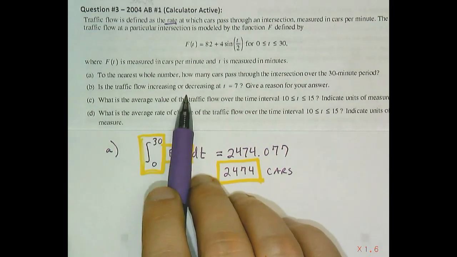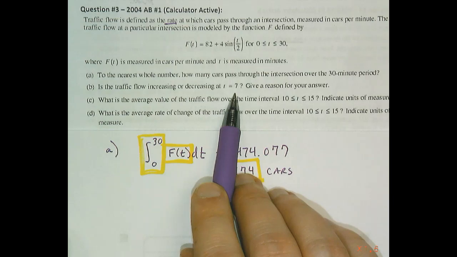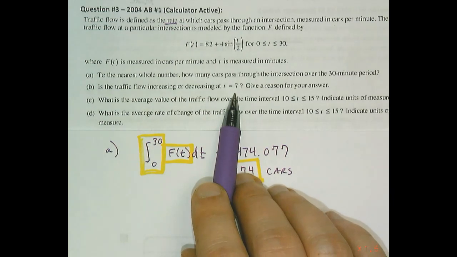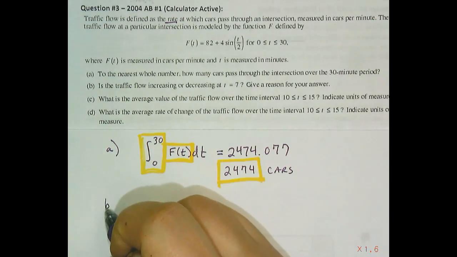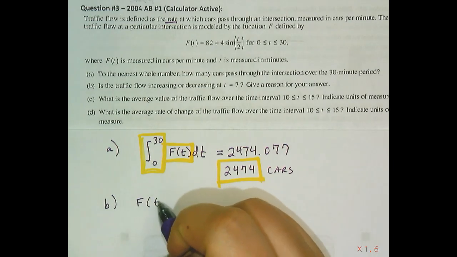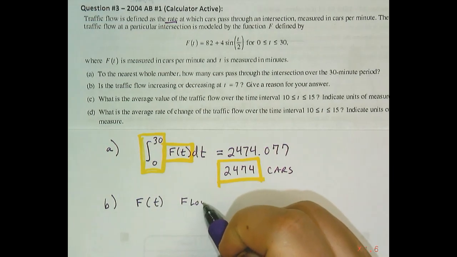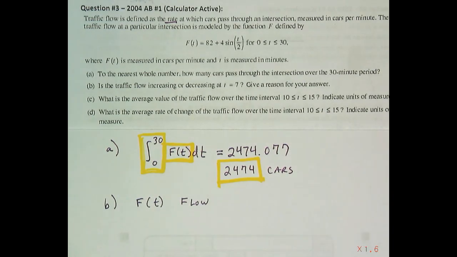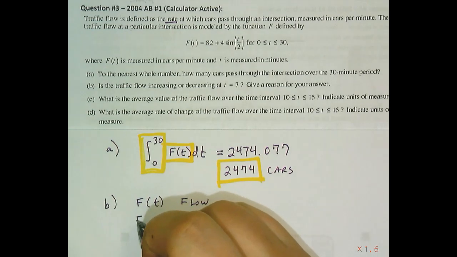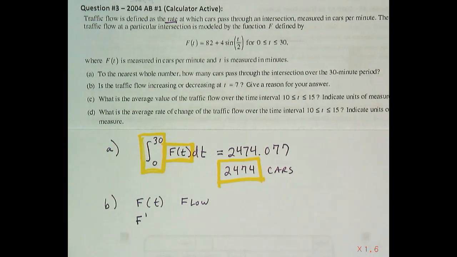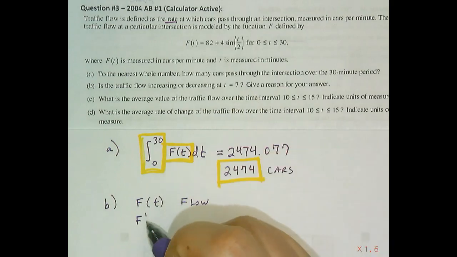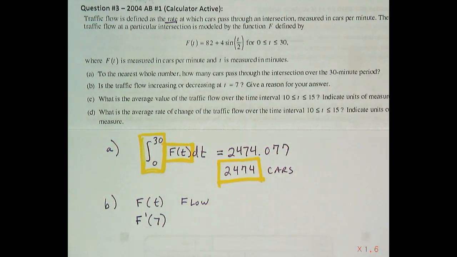Is traffic flow increasing or decreasing at time 7? Give a reason for your answer. Well, if f of t represents flow and we're asking is flow increasing or decreasing, then we need to determine f prime. And specifically, they ask us at time 7. So we need to evaluate f prime of 7.